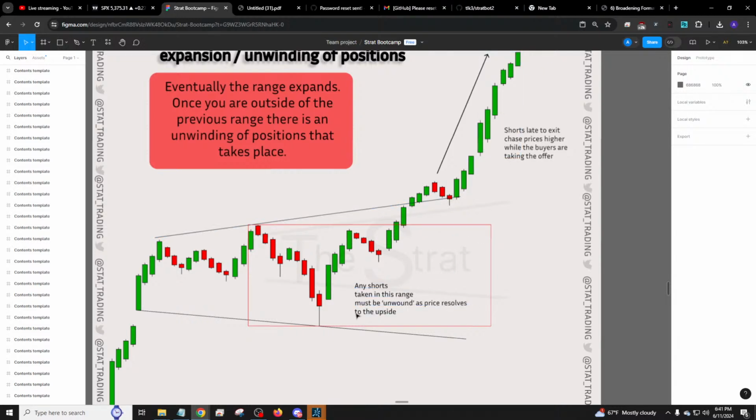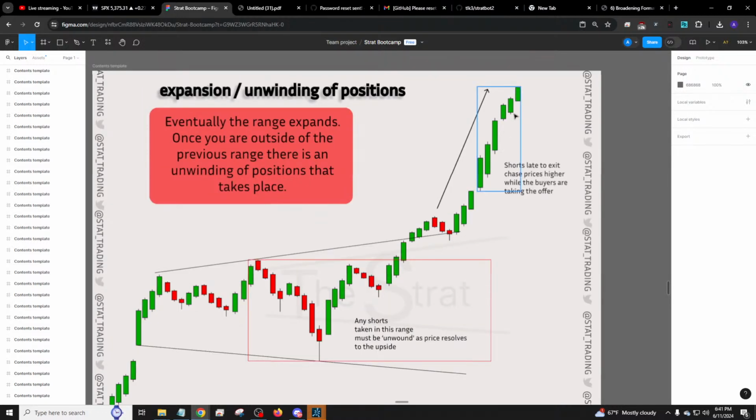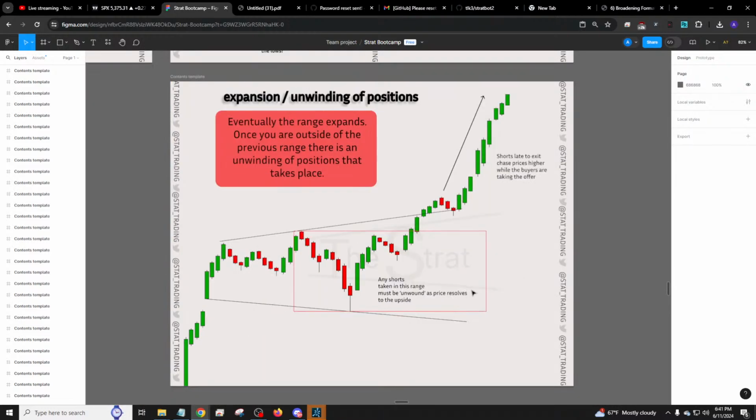And what you'll see is anyone that has shorts within this range in here, as this goes higher, they'll drift away. And the other thing that's simultaneously occurring is you have buyers taking the offer. So let's chase things up. And when it comes to things like NVIDIA, where they make the highs and then keep going, you have a very aggressive buyer, and you also have a lot of people shorting it, which is similar to what Tesla did. So this is what's occurring when the expansion occurs.